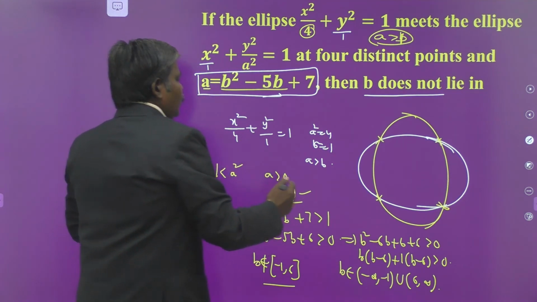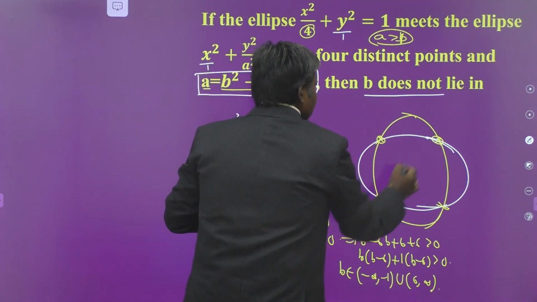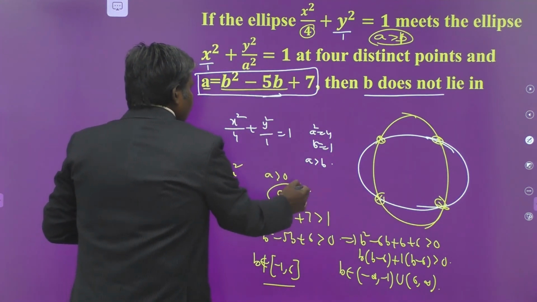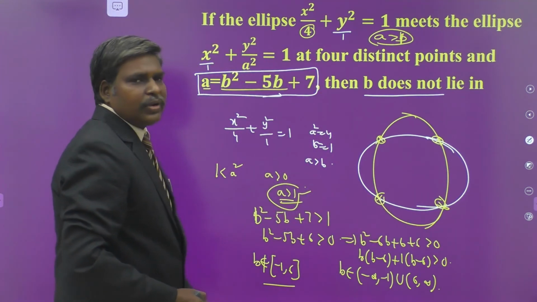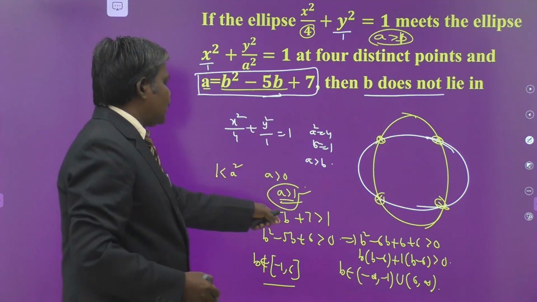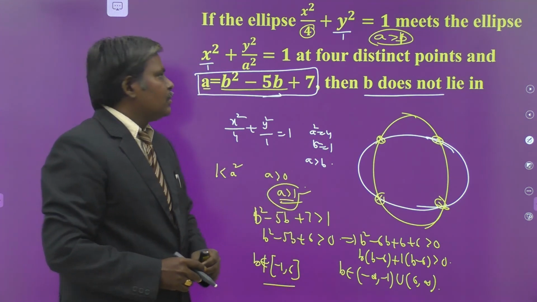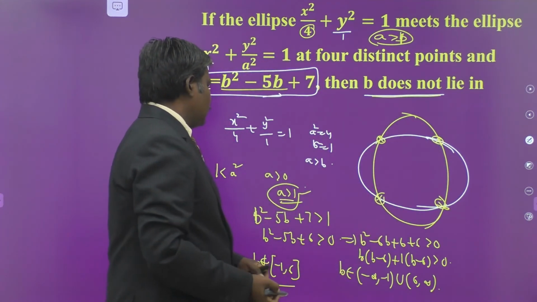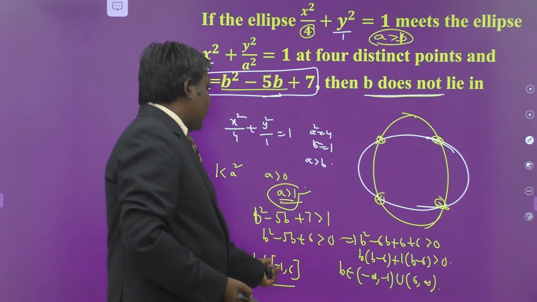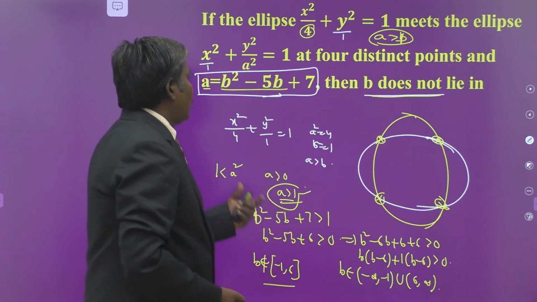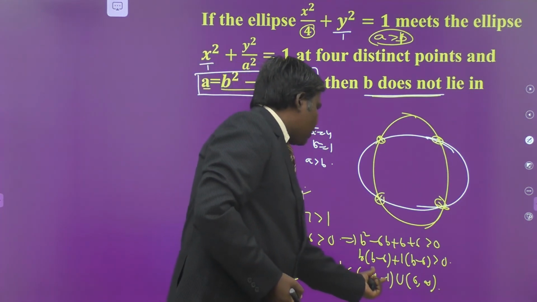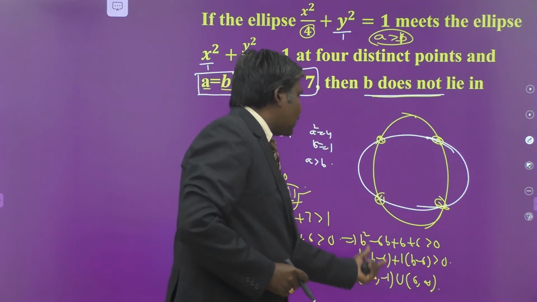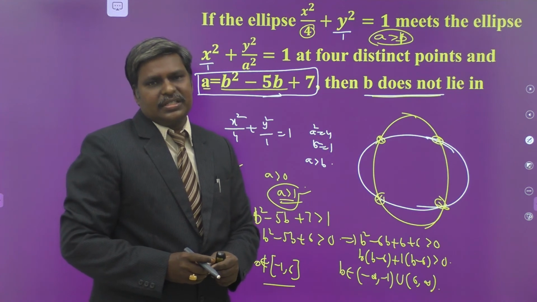In this manner, 4 points of intersection will be possible only when a is greater than 1. This is the one and only condition you have to identify. After identifying this condition, it is very easy for you. They are asking b does not lie in the interval what? So b does not lie in the interval -1 to 6. So b belongs to -infinity to -1 union 6 to infinity, and at that time we get 4 points of intersection.